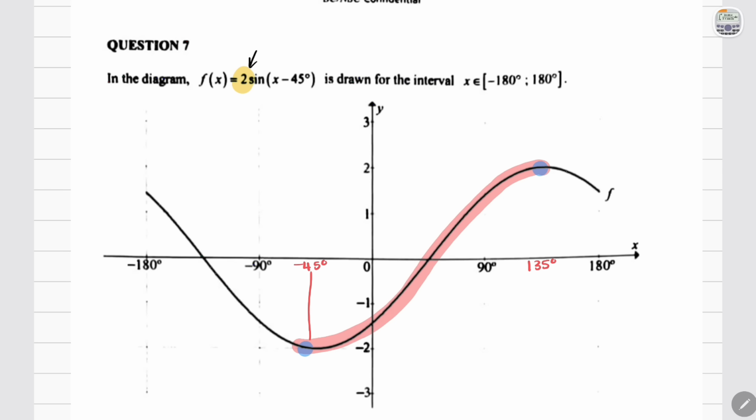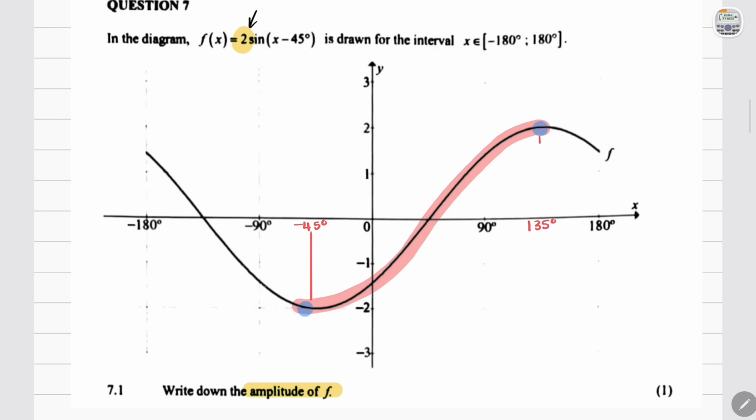So we know these, and now the places where the graph is increasing is simply from all of these places. Take the highlighted part, line it up to the x-axis so you can understand what the x values are. Look at all these x values. These are x values going from negative 45 degrees all the way to 135 degrees.